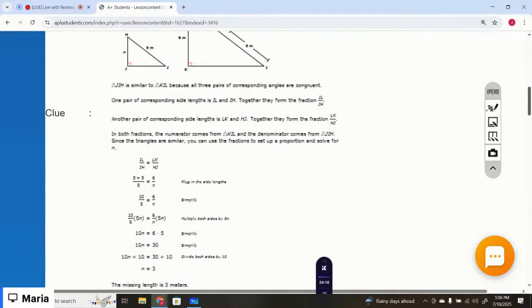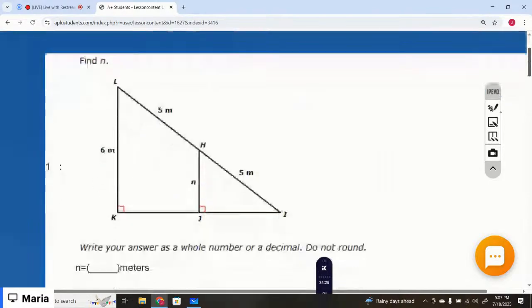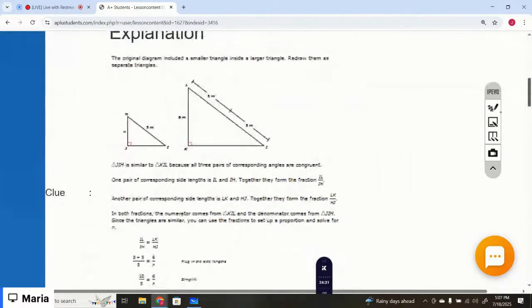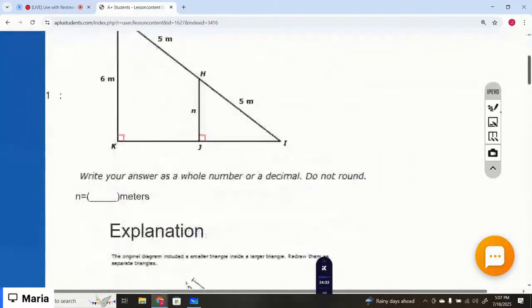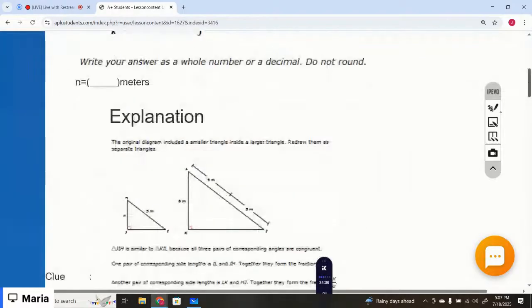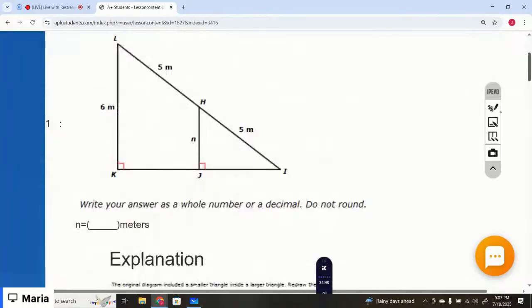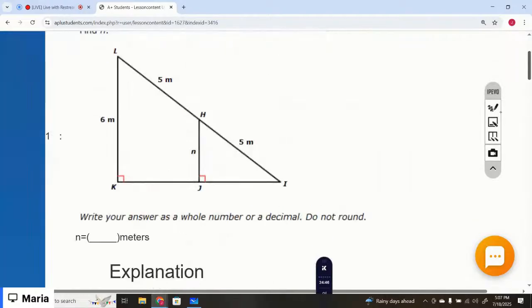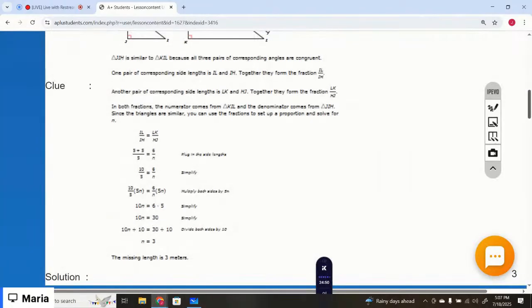IL divided by IH equals LK divided by HJ. So IL is IH plus HL, that is 5 plus 5, 10, and IH is 5, divided by LK, 6 over n. So that equals.